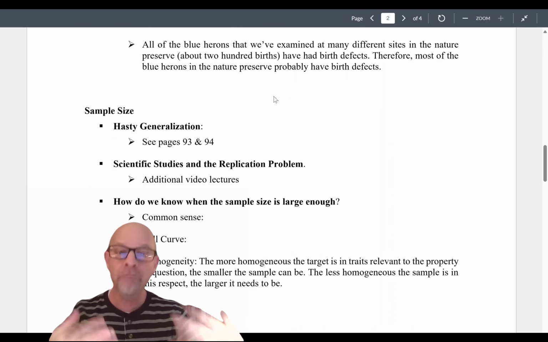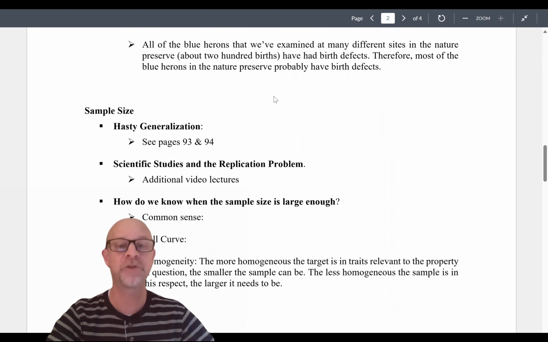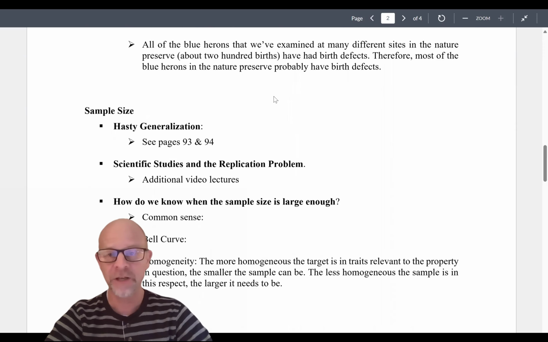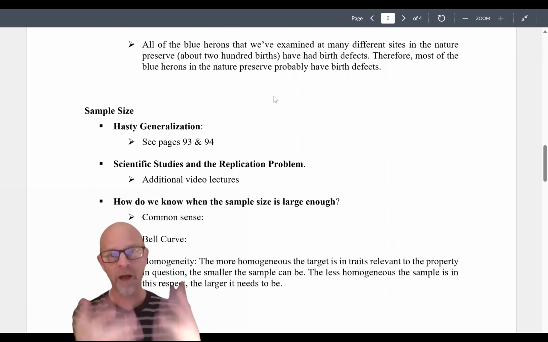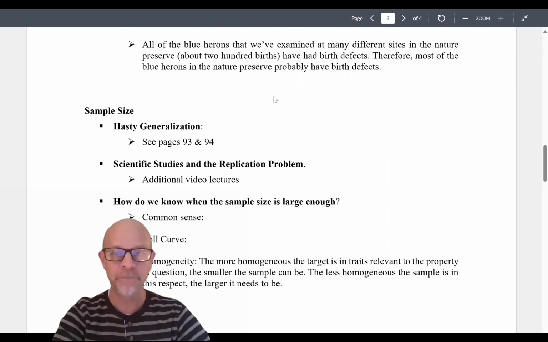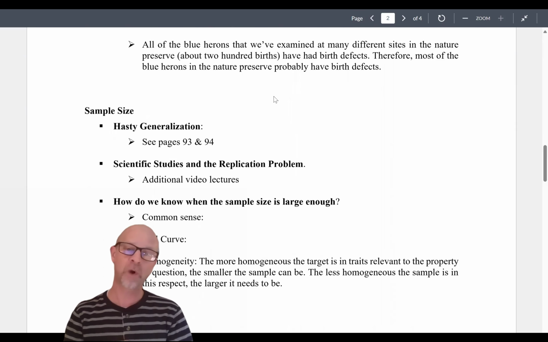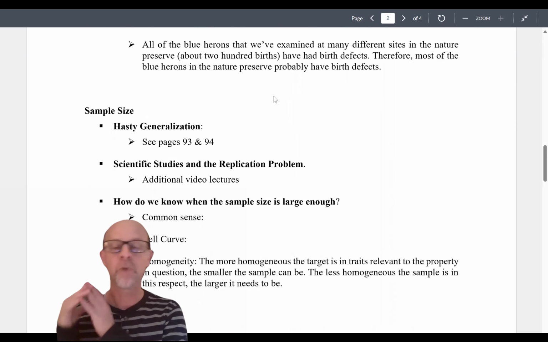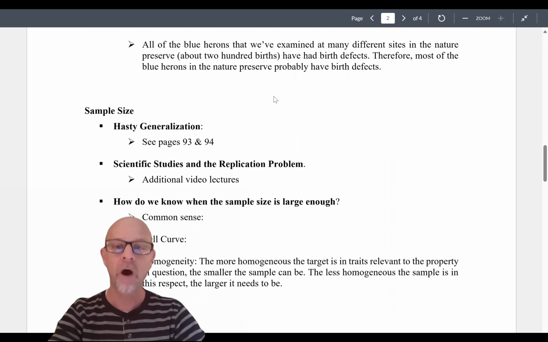So there's a whole lot more than 200 birds in the nature preserve, but we've observed 200 of them. And then what is the property under consideration? It's having this kind of birth defect, whatever that happens to be. Right. So again, we're going from a particular observation that we've made, some evidence that we've collected, and then we're going beyond the evidence to this more general conclusion about all of the blue herons in the nature preserve.